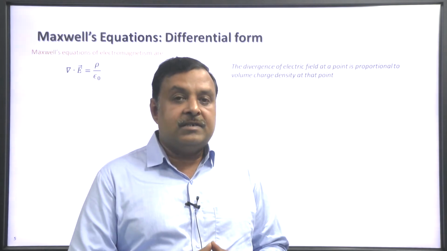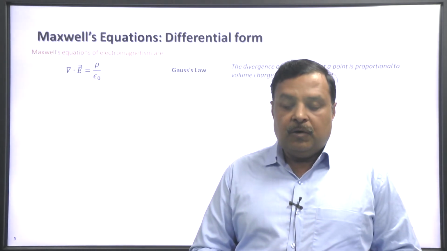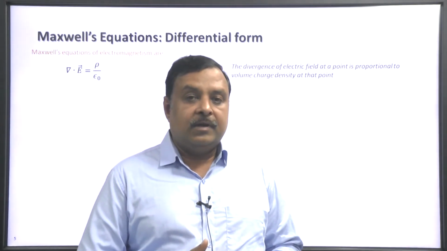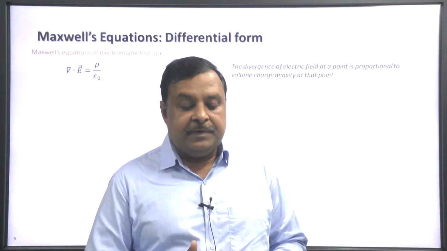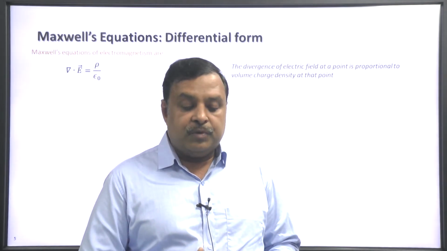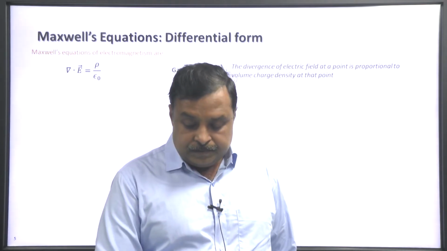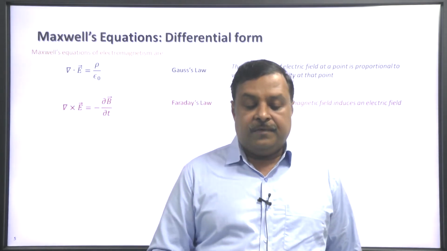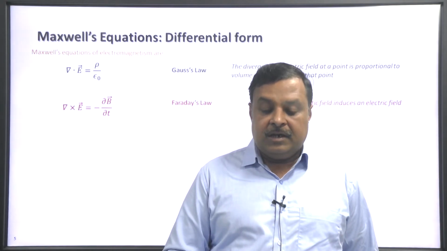The first equation is Gauss's law, del dot E equal to rho by epsilon 0, and this shows the divergence of electric field at a point is proportional to volume charge density at that point. The second equation is Faraday's law, del cross E equal to minus delta B by delta t.